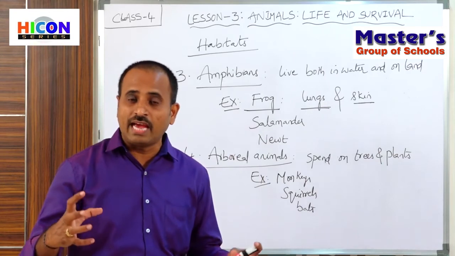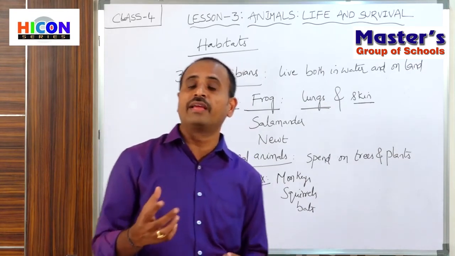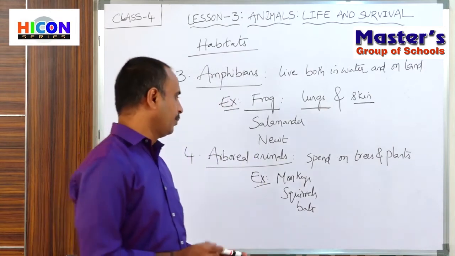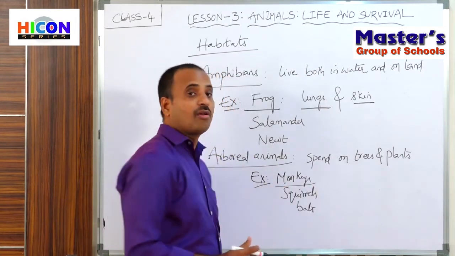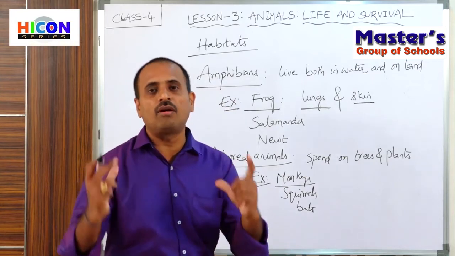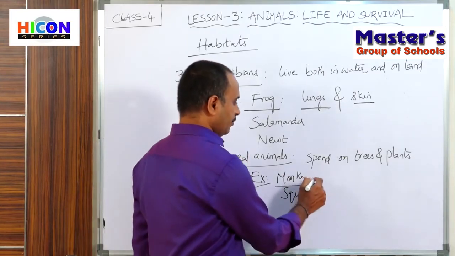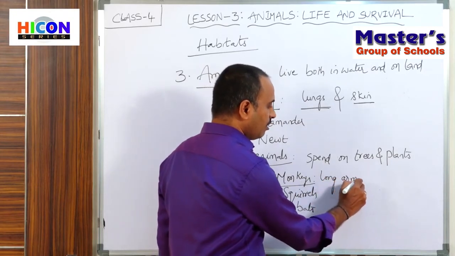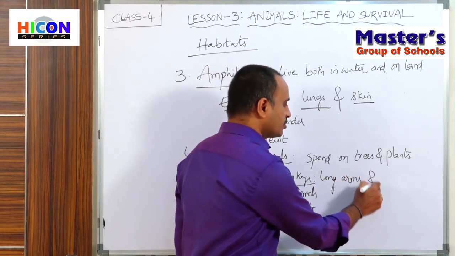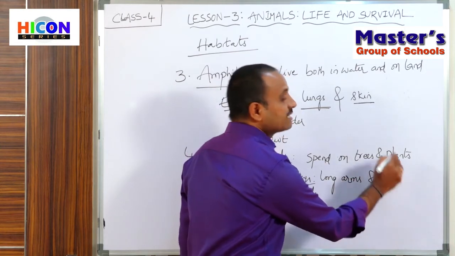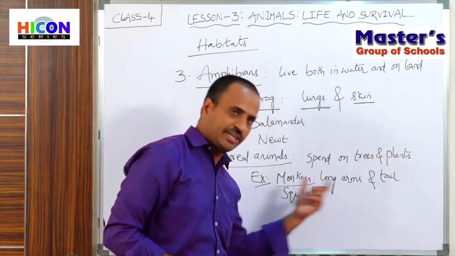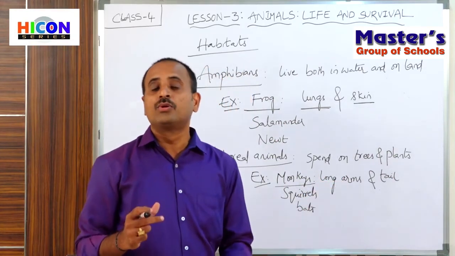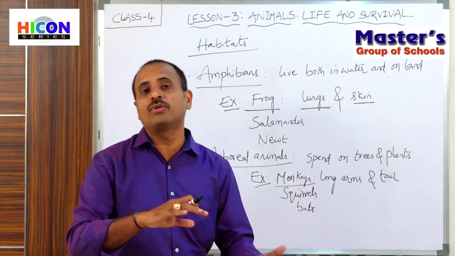That's why they have some special arrangements in their body to live especially on the plants. For example, monkeys have long legs and long arms, and they also have a tail. So these adaptations help the monkey to move from one plant to another plant.